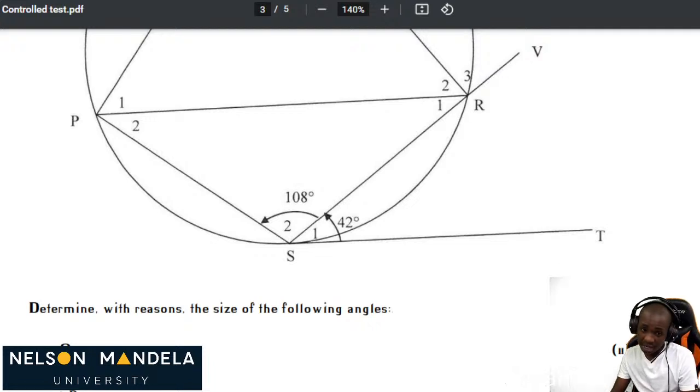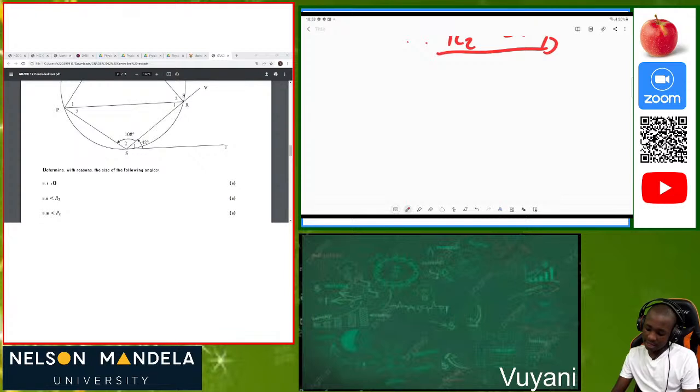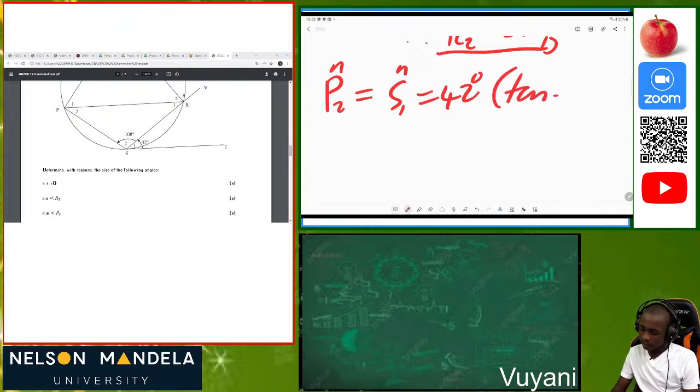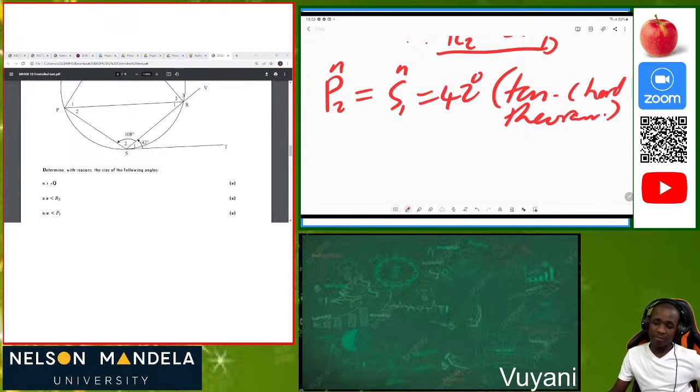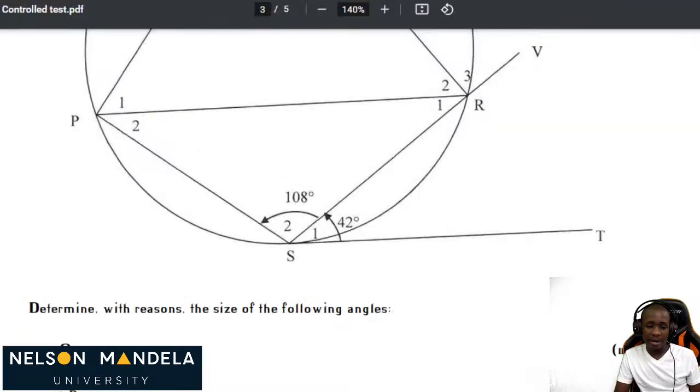So basically we are saying that angle P2 is equal to angle S1, which is equal to 42 degrees, by the tan chord theorem. Theorem number 7. That's done. Please make sure that you understand that it's the tan chord theorem and it's applied in that way.